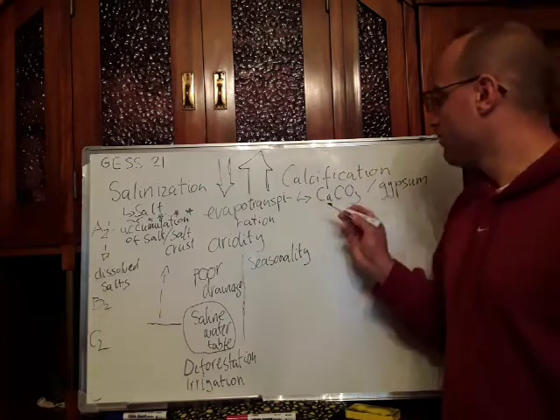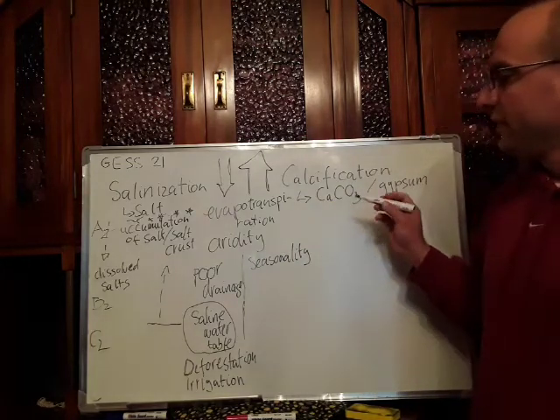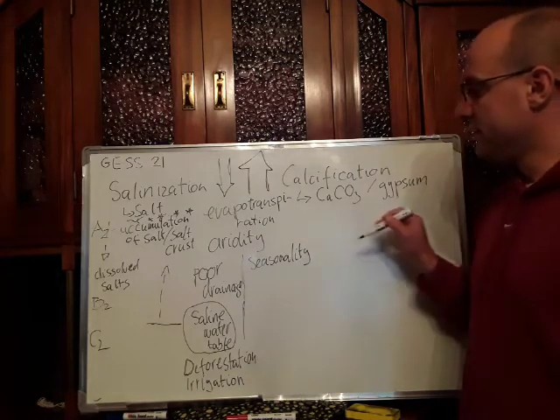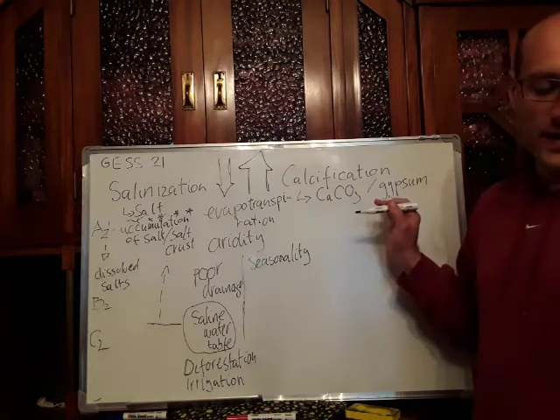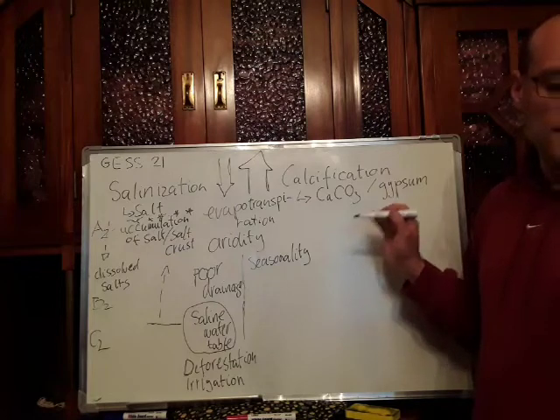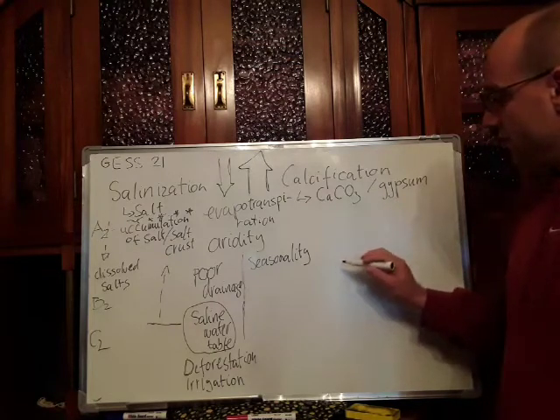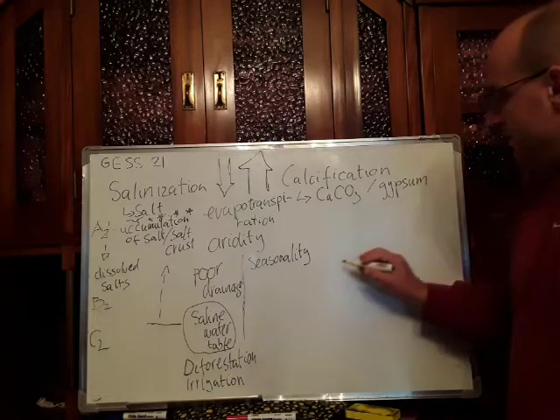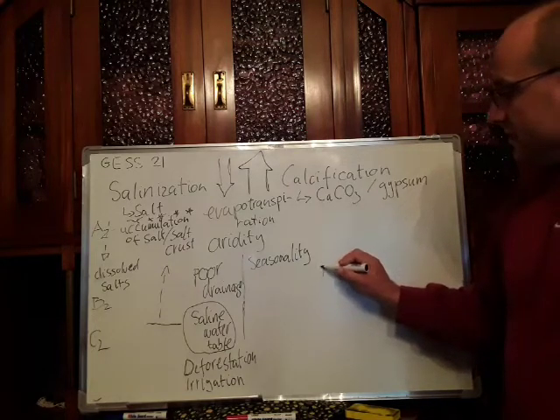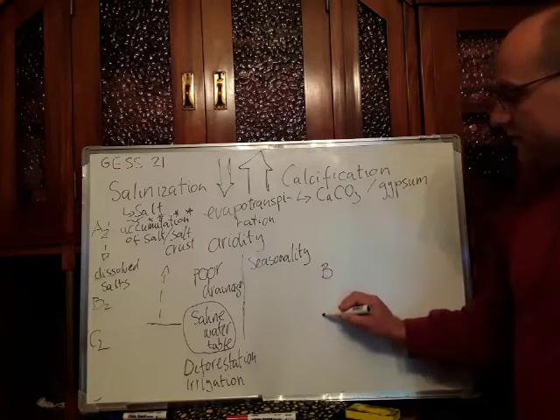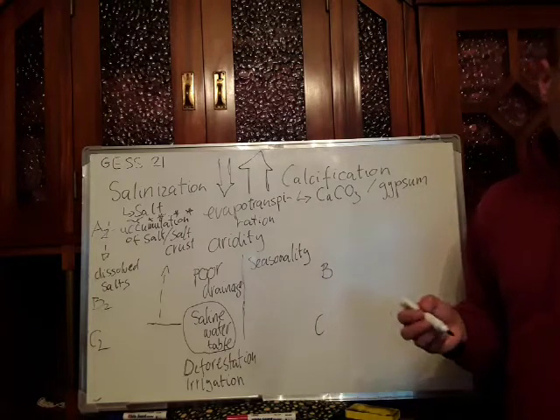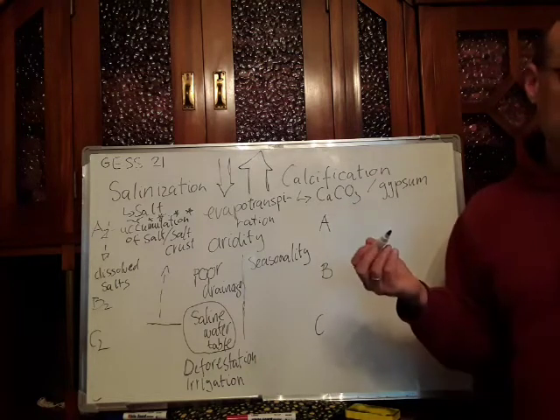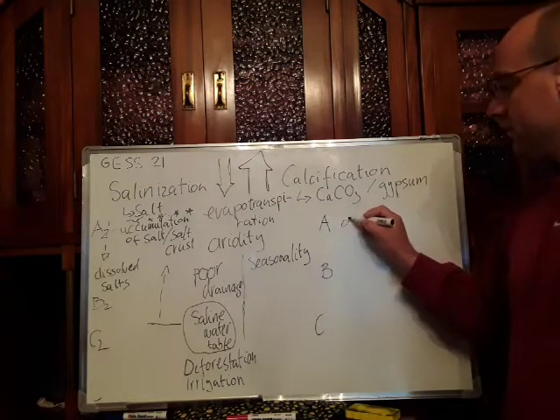Now, for calcification, it will be a little bit different because it's not the surface that directly will be affected. Instead, here it's going to be a couple of meters around the B and the C horizon that will really be affected. So in an A horizon, we will have some kind of organic matter.